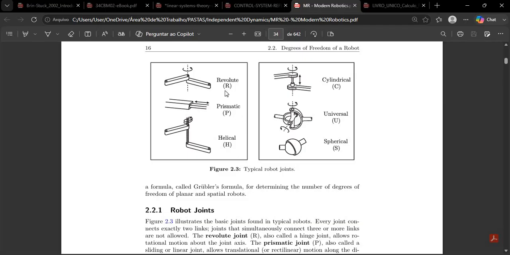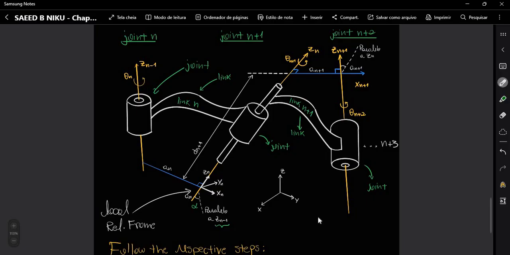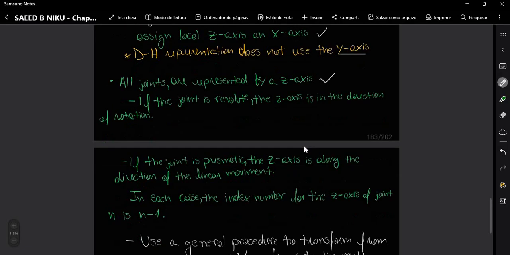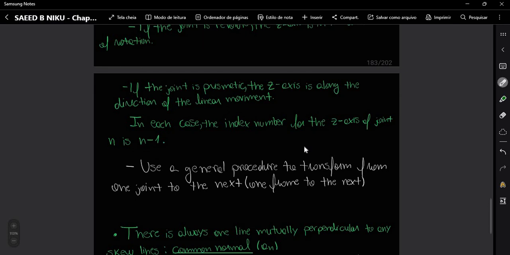So for a cylindrical joint, we have a revolute joint, and if it was a cube, it was a prismatic joint. Okay, what else? If the joint is prismatic, the z-axis is along the direction of the linear movement.